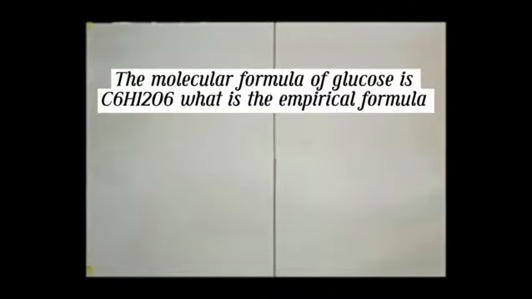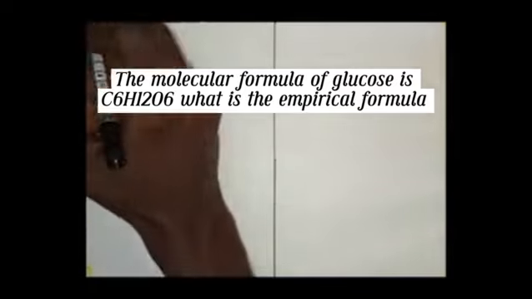Problem number 3, very quickly. It says the molecular formula of glucose is C6H12O6. What is the empirical formula? This is a very simple one. So we have to check out the given molecular formula here, which is C6H12O6. So this is the molecular formula.